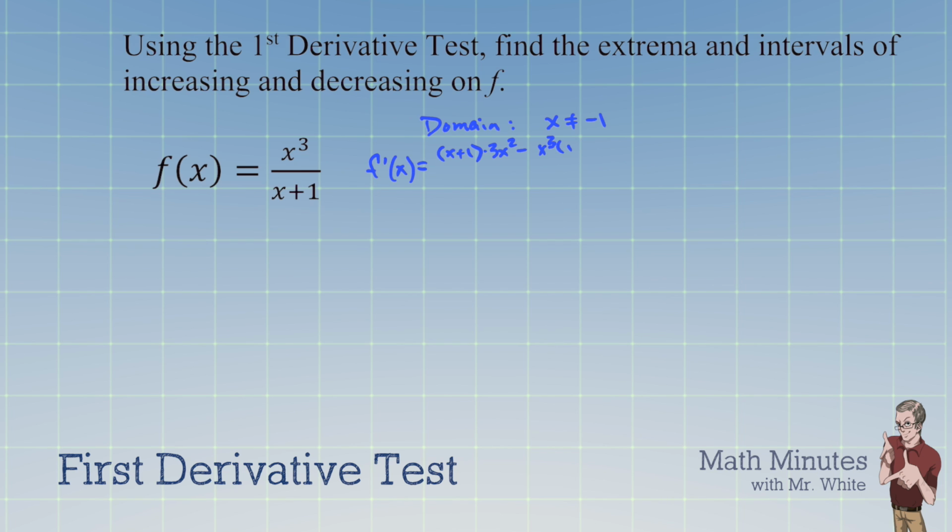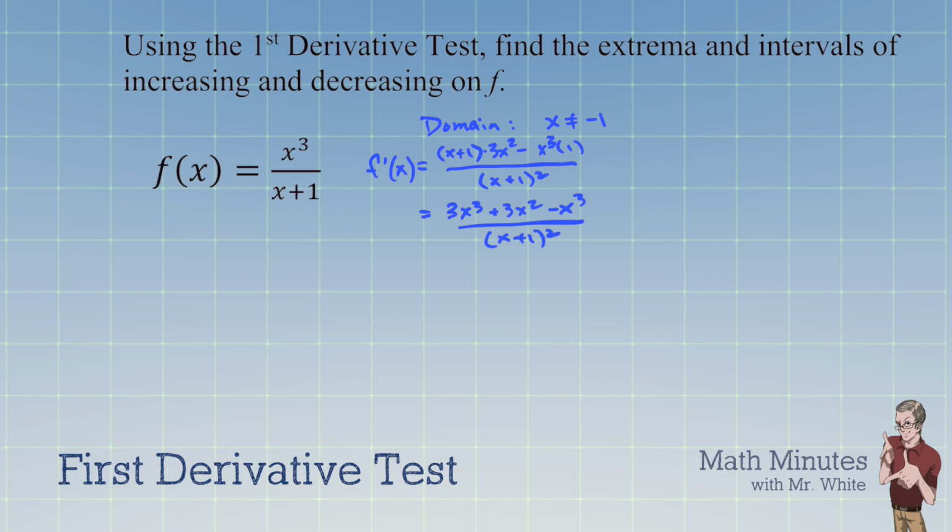Well, the derivative of the denominator is just 1, so that makes our life a little easier. All over the denominator squared. There it is. So let's go ahead and simplify this a little bit. We get 3x to the third plus 3x squared minus x to the third all over x plus 1 squared.